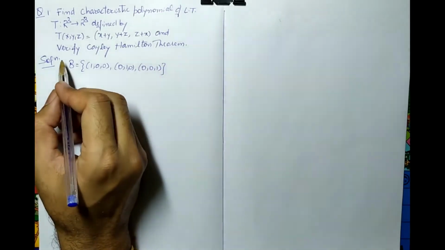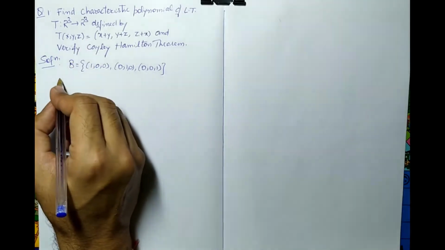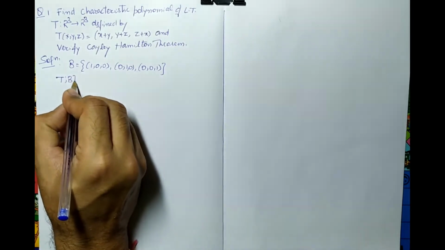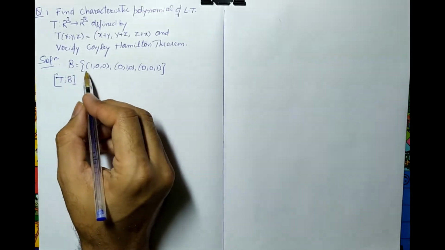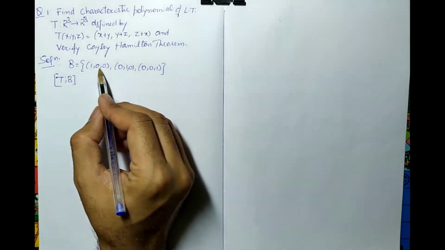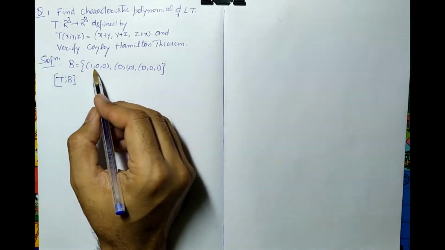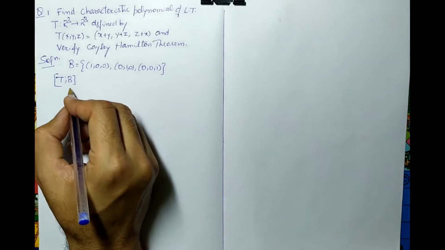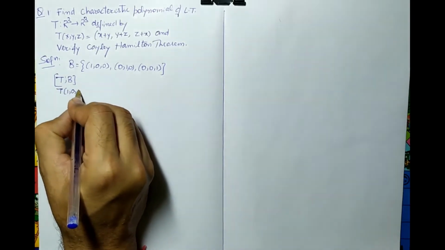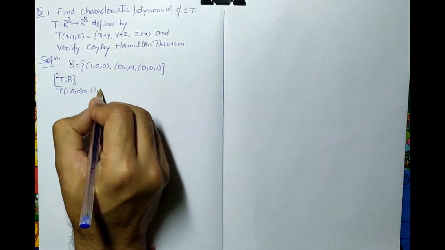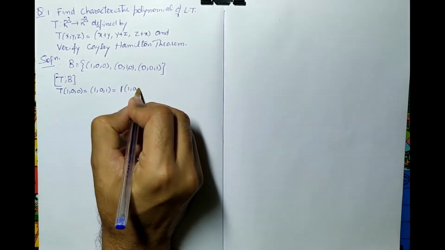First we convert this transformation into its matrix, that is T of B. To find this we write the image of every element of the basis and then express that image as a linear combination of these elements, which comes out to be T of (1 0 0) equals (1 0 1), that is 1 times (1 0 0).